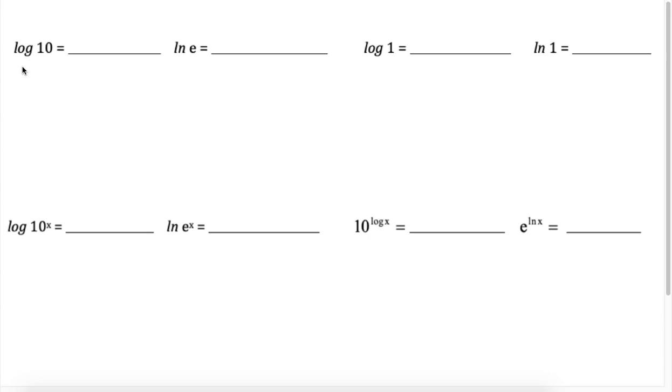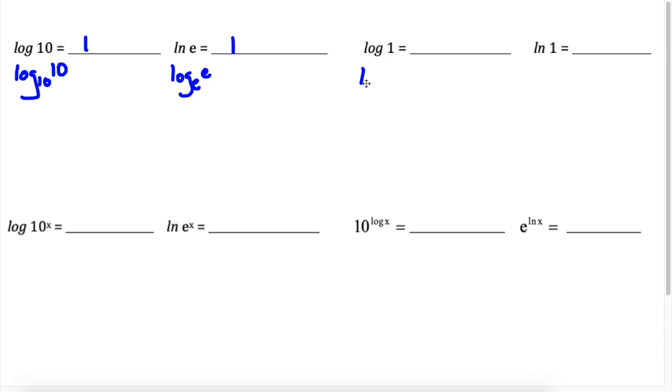This log of 10, well, if we don't see a base, that means log base 10 of 10. So log base 10 of 10 means 10 to what power equals 10? Well, that's just 1. Here, ln of e, natural log of e, means log base e of e. Again, same reasoning. e to the first power will equal e.